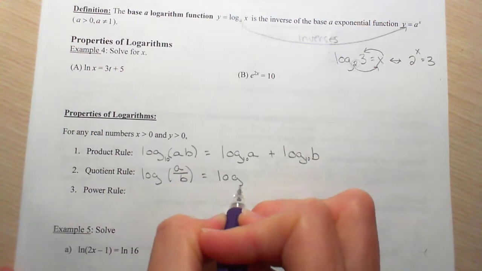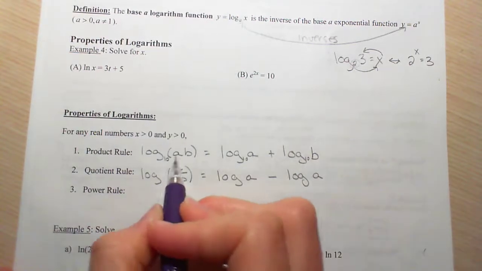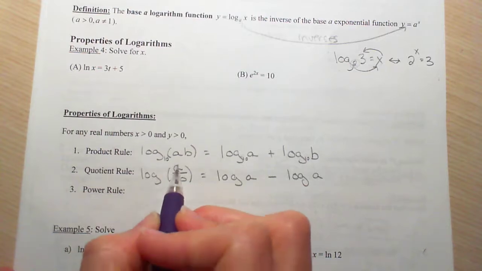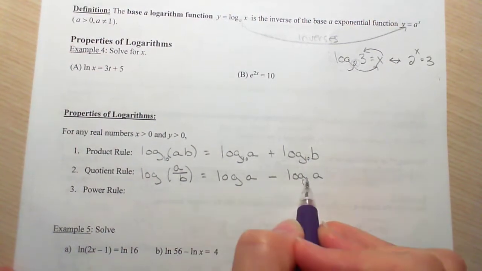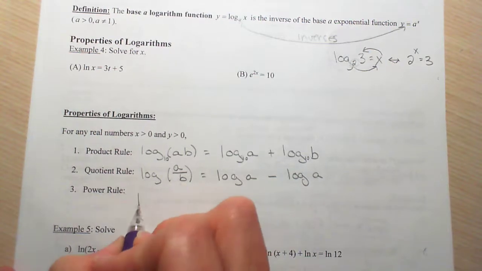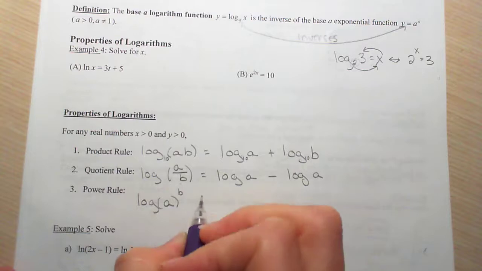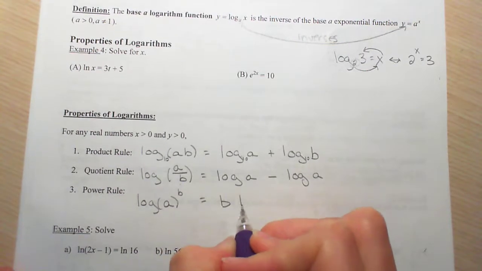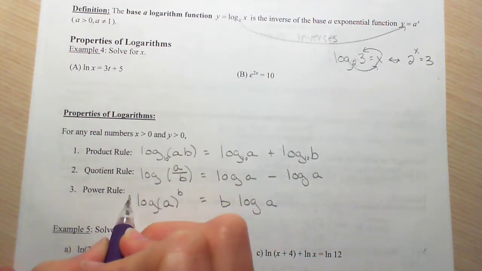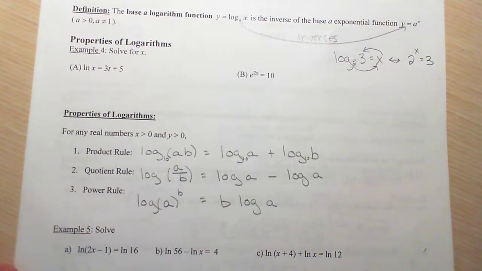Is the same as log of a minus log of b. So multiplication makes things bigger, so this becomes addition. Division makes things smaller, so this becomes subtraction, top minus bottom. And then the power rule is log of a to the b becomes b times the log of a. So this b goes down out in front here, if you want to think about it that way.